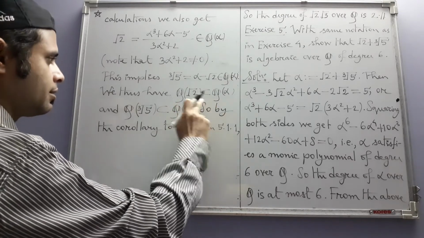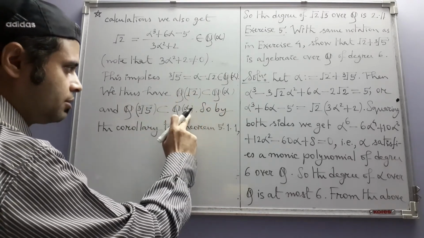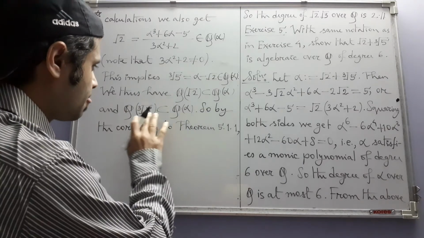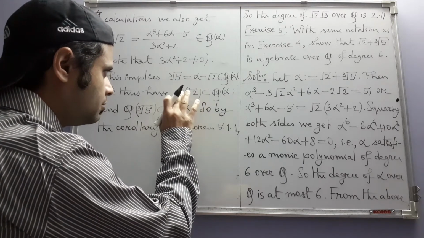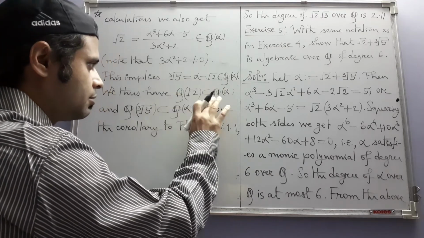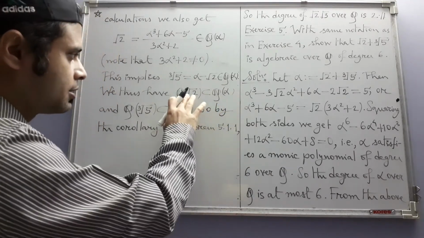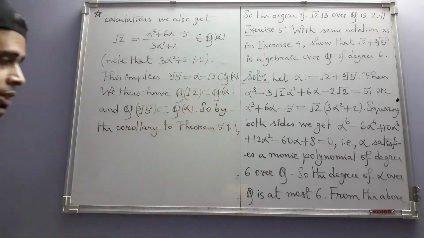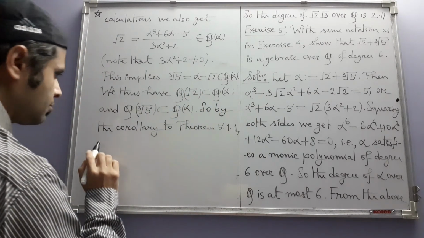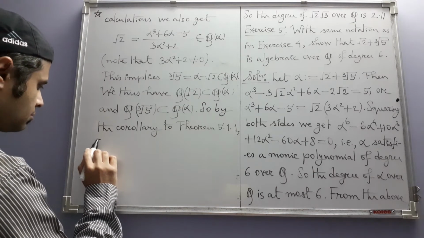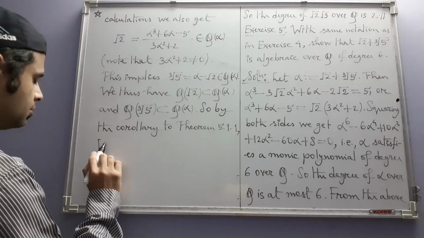It is saying that these are subfields of this Q(alpha). So the degree of this one over Q will divide the degree of this over Q, because it is a subspace. This degree.